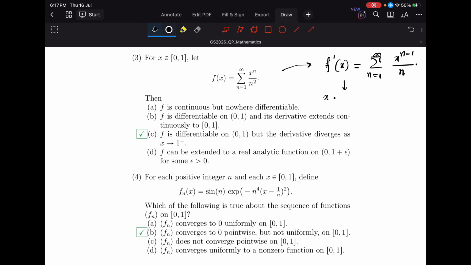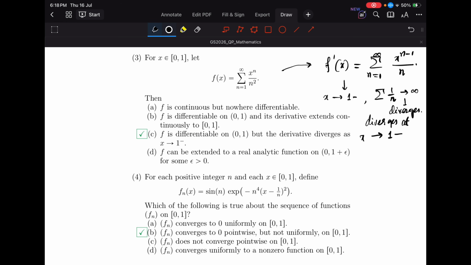So if x approaches 1 from the left hand side, we know this sum tends to infinity because this is a divergent series. So the derivative diverges at 1 as we took x tends to 1 minus.